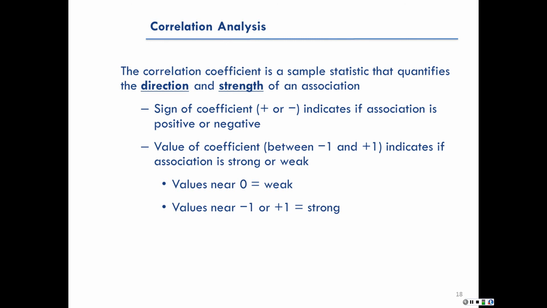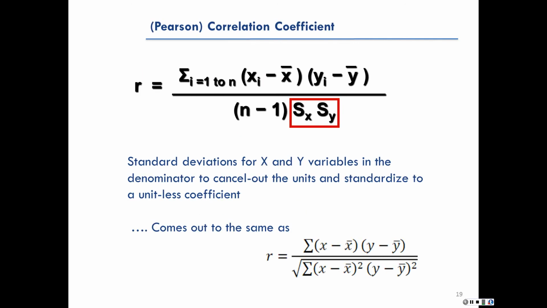The value of the correlation coefficient ranges between -1 and +1 and indicates if the association is strong or weak. Any values that are close to 0, whether positive or negative, mean a weak association. Any values that are close to -1 at one extreme end or +1 at the other extreme end are considered very strong associations. And here's the formula for the correlation coefficient.